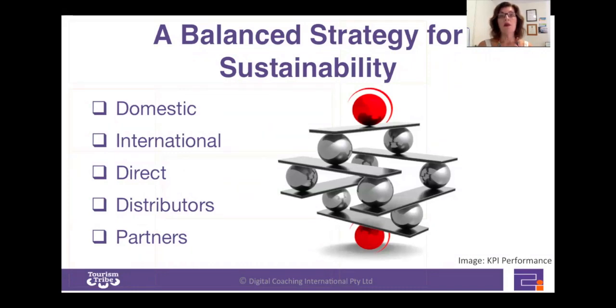So a balanced strategy is going to consider your domestic distribution system and how to work best in that. International, who are the right people for you to be partnering with in international. Clearly direct, and that's what I want to talk about when we move through to the scenario of setting up a channel strategy. It will consider the different distributors and your partners.